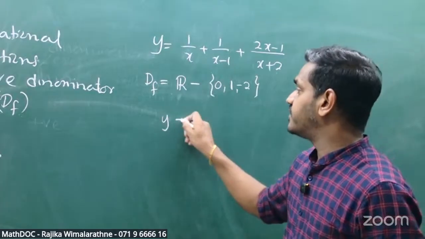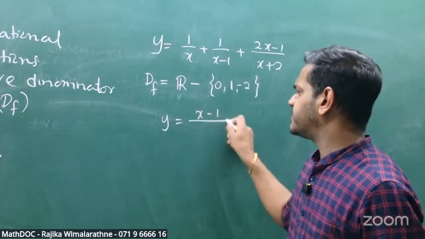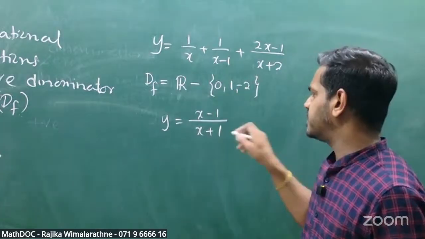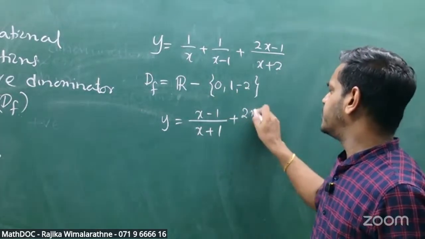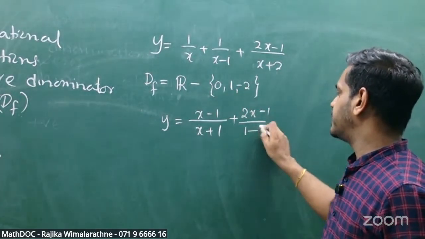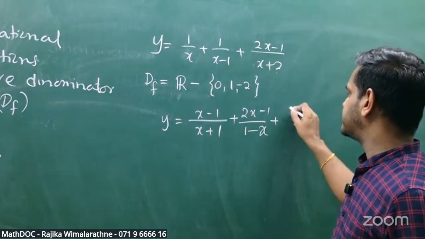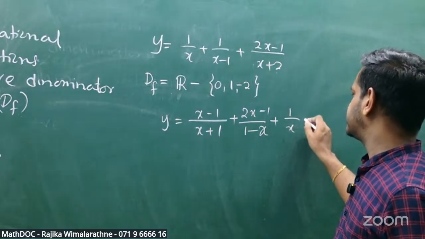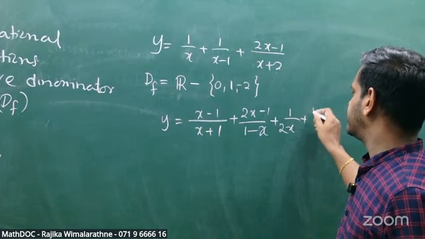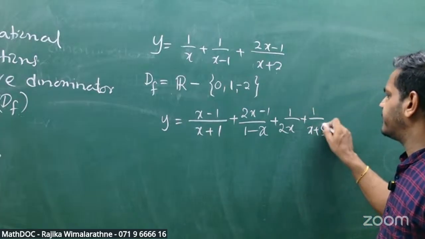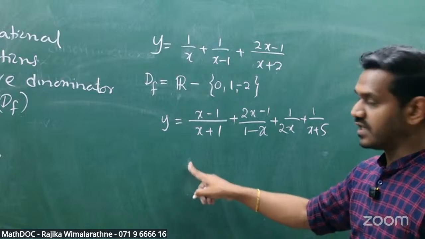Then consider y equals x minus 1 over x plus 1 plus 2x minus 1 over 1 minus x plus 1 over x plus 1 over x plus 5. Again, this is rational type.